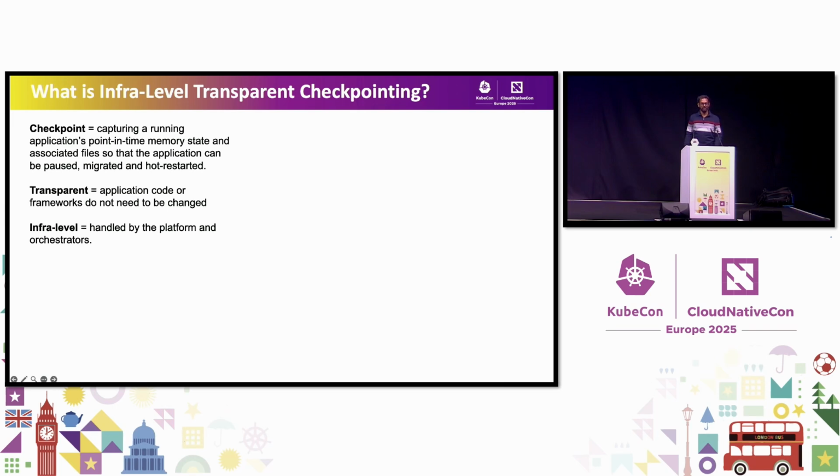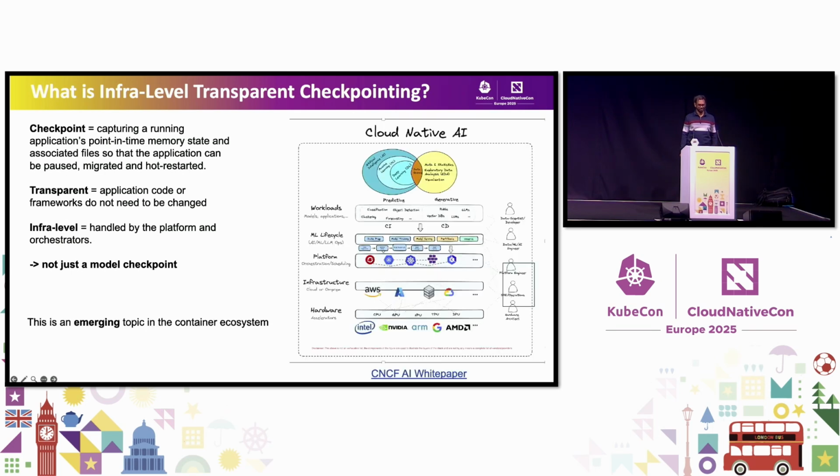So the application does not need to be aware of this checkpointing process. Then infra-level refers to this completely being handled by orchestrators or schedulers and the platform itself so that users don't need to worry about it. I want to really emphasize this point that this is not just model checkpointing, because you're capturing the entire application state in your container.